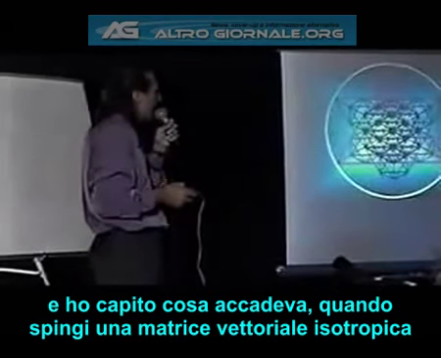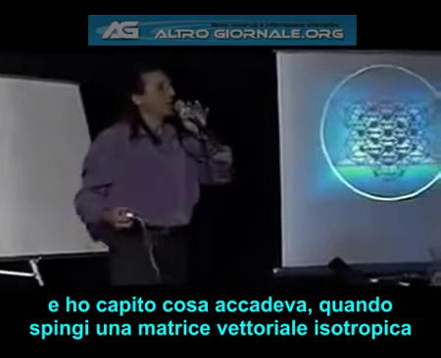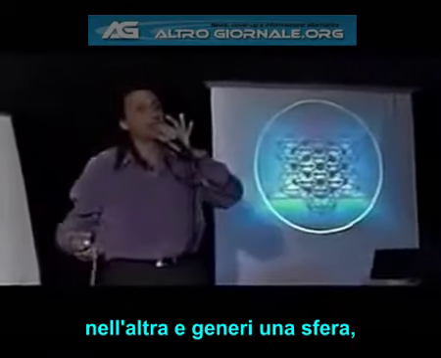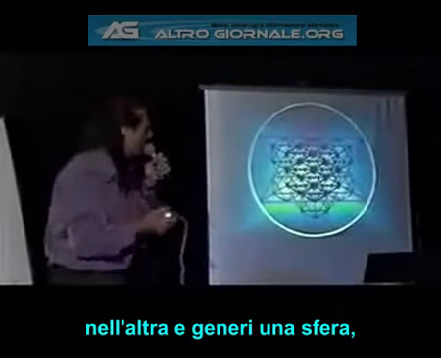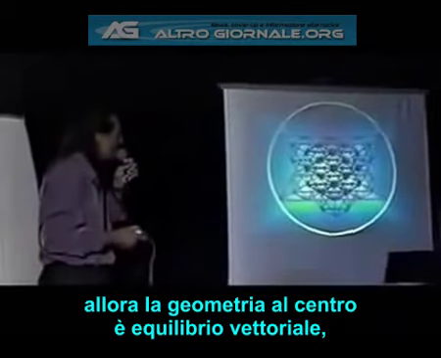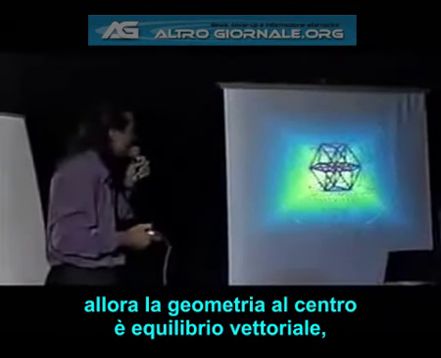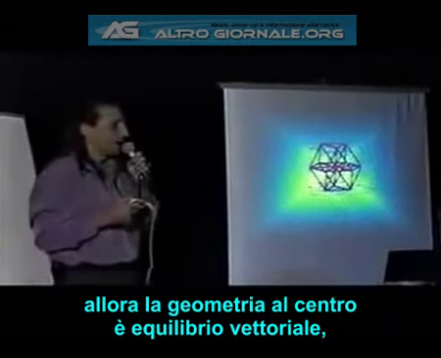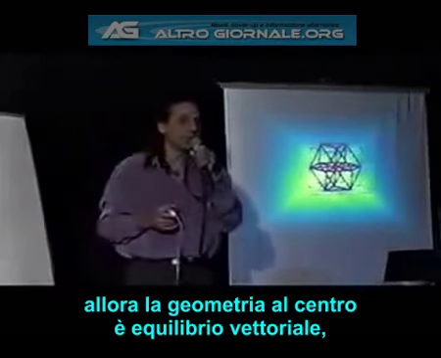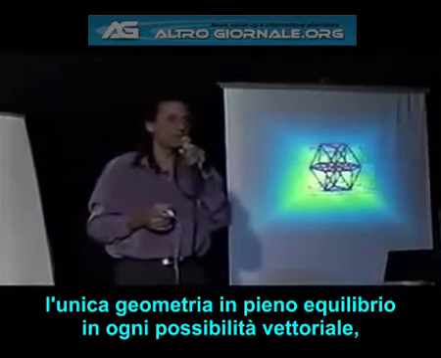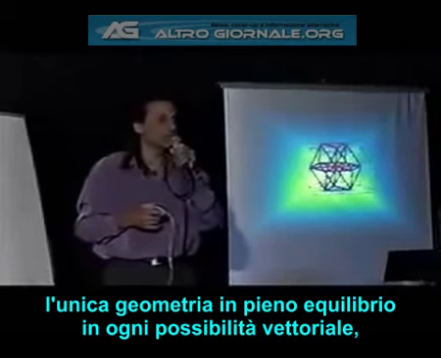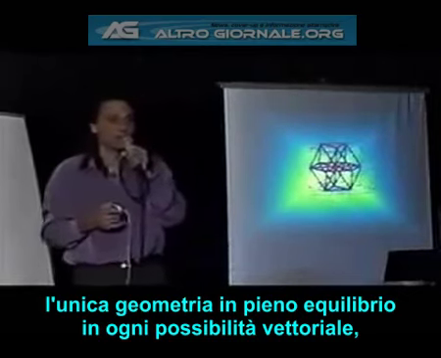When you push one isotropic vector metric into the other so that you generate a perfect sphere, then the central geometry is a vector equilibrium, the only geometry in full equilibrium in all vectorial possibility.